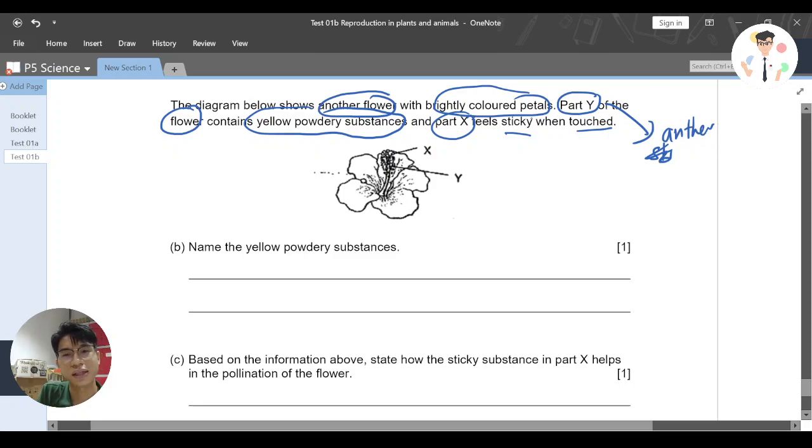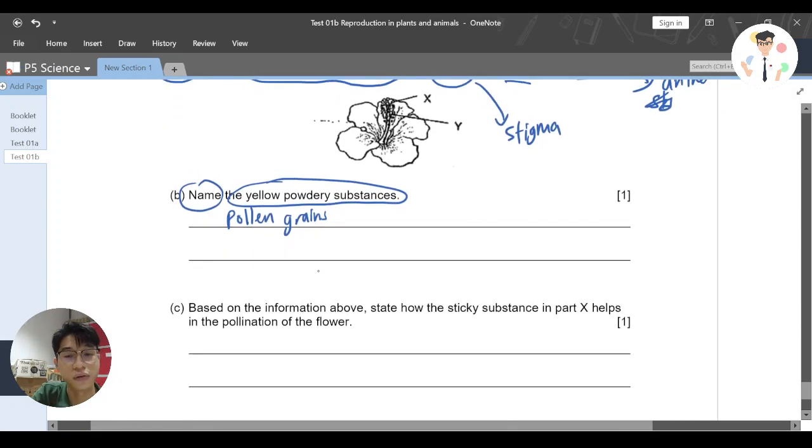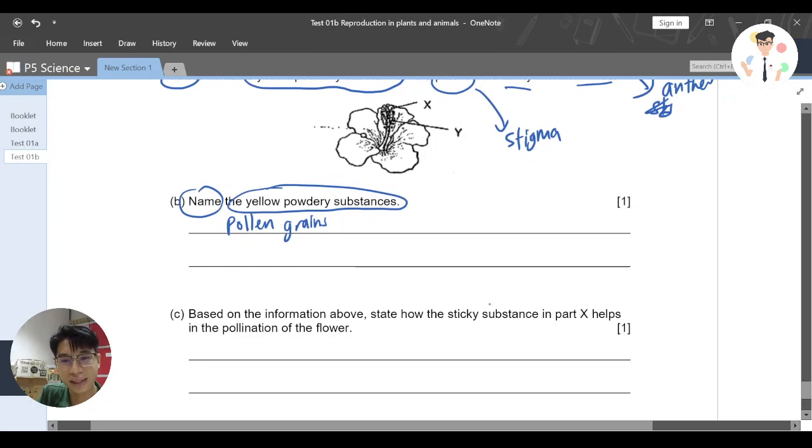And part X feels sticky when touched, so you can know that this is the stigma, because it needs to be sticky to stick the pollen grain. So name the yellow powdery substance. Again, just tell me it is pollen grains. That's all.